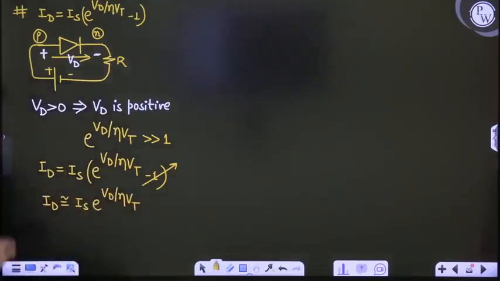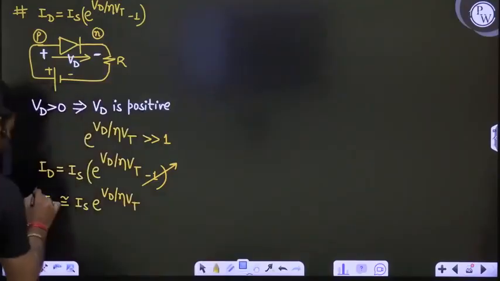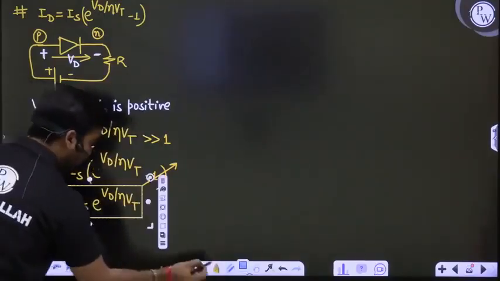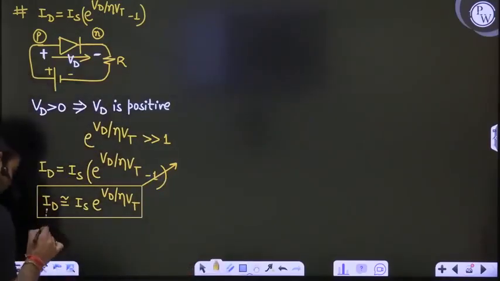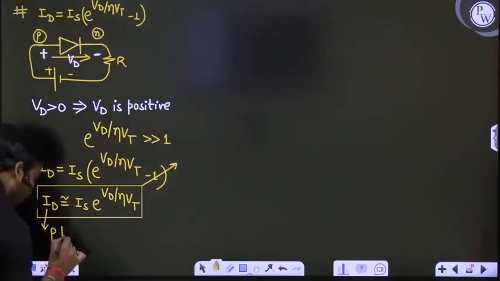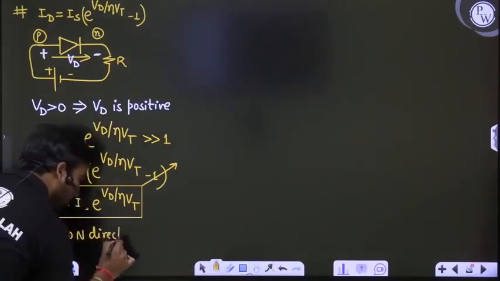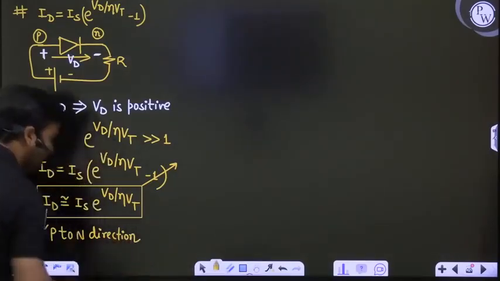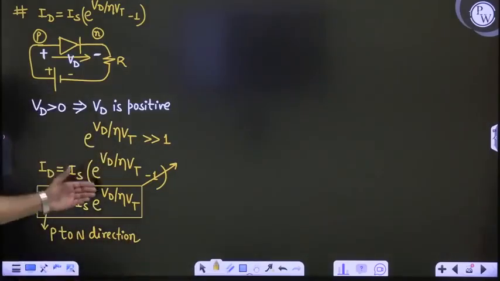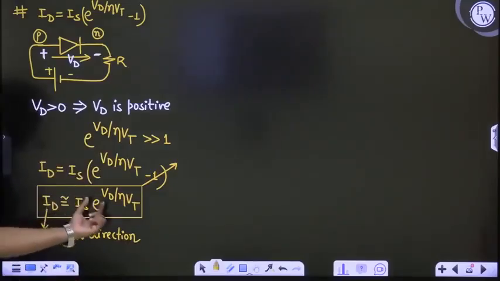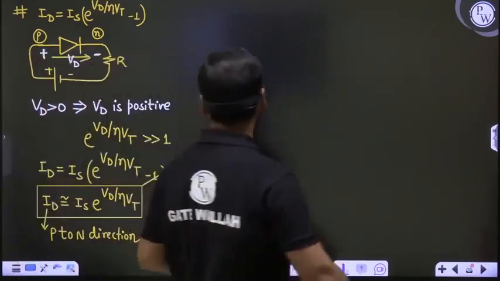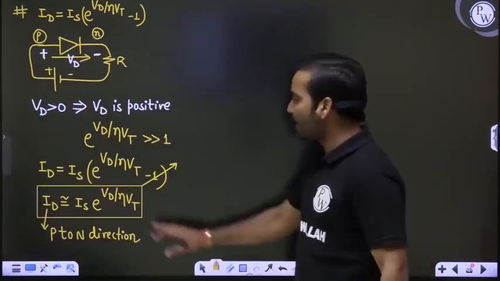This is the equation of the diode current in forward bias. And ID is flowing in P to N direction, because currents always have some direction. So this much current, Is multiplied by e to the power of Vd upon eta Vt, is flowing from P to N. This is the current ID.